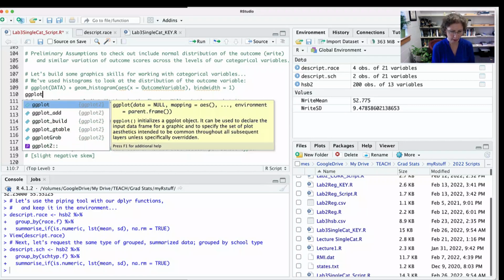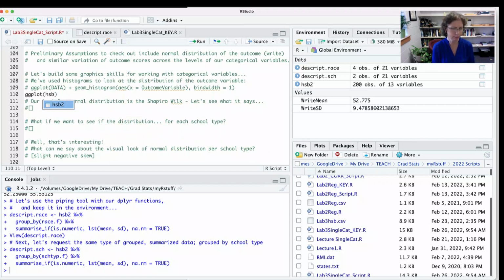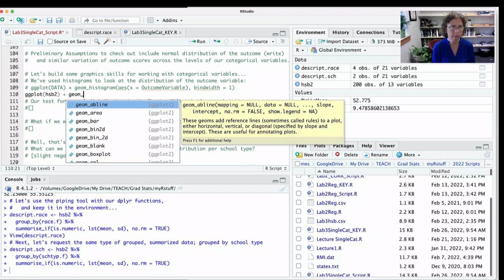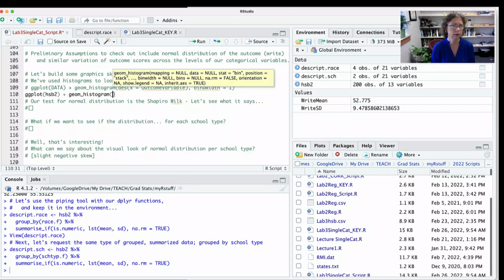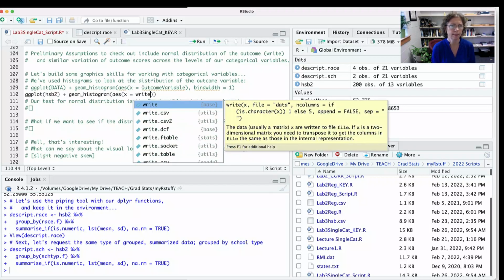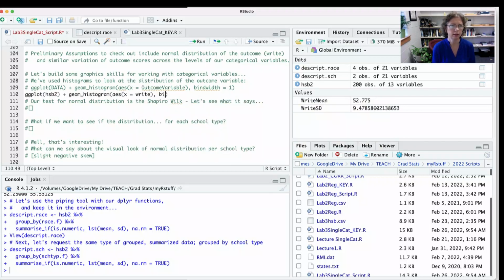Plot, I want my data, plus geom histogram. The aesthetics: what is my X value? Let's make the X value the outcome variable, write, and then binwidth 1.